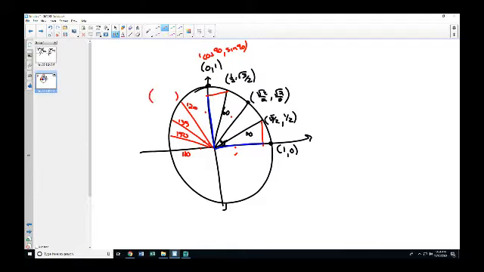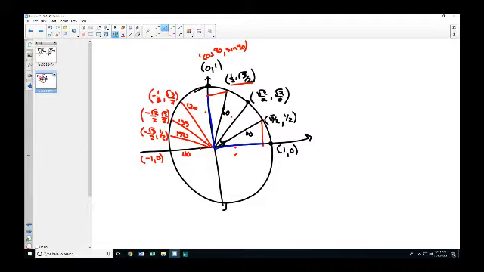These coordinates mirror except that your x is negative. And then you can just keep going.